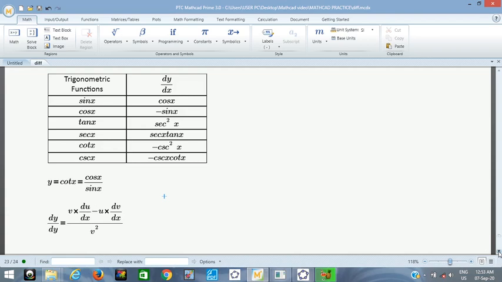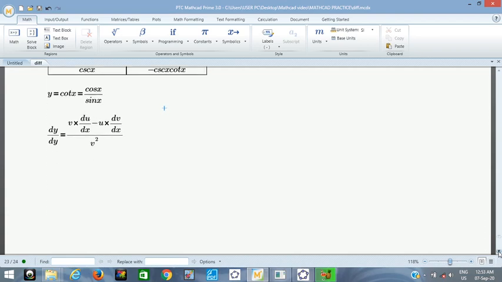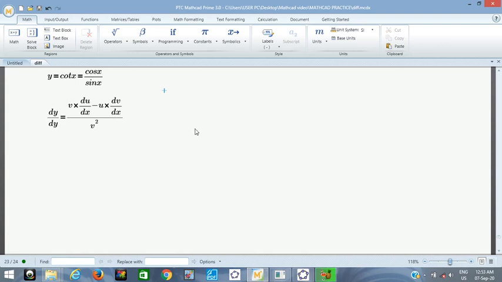So let's move on. If I use the quotient rule to differentiate this, my result is going to be dy/dx equals, so v is the denominator, which is sine x, multiplied by the differentiation of the numerator, which is minus sine x.